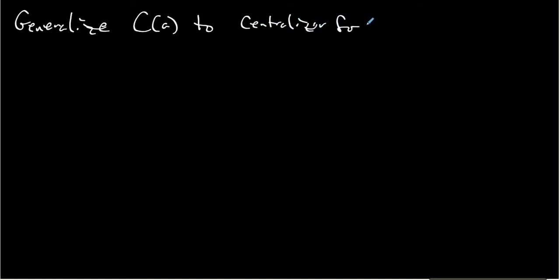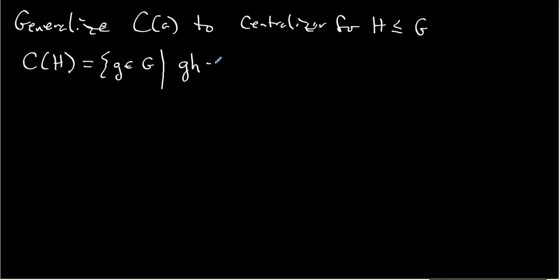So what we want to do next is generalize the idea of a centralizer for a particular element to the centralizer for a whole subset, or more importantly, for a subgroup that is part of some kind of non-abelian group G. So the centralizer of a subgroup H is going to be the collection of all of the g's inside our group G, such that g times h is going to be equal to h times g for all of the h's inside our subgroup.